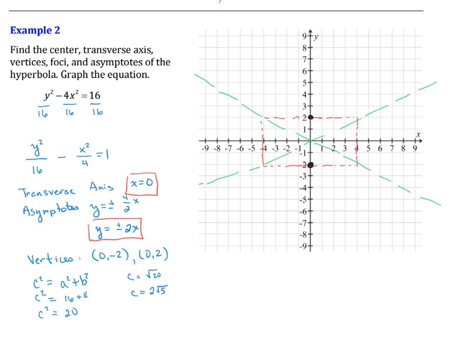So that's about 4 point something. It's about 4.5. So there's the focus, negative 4.5. So our foci are 0, negative 2 root 5 and 0, positive 2 root 5.